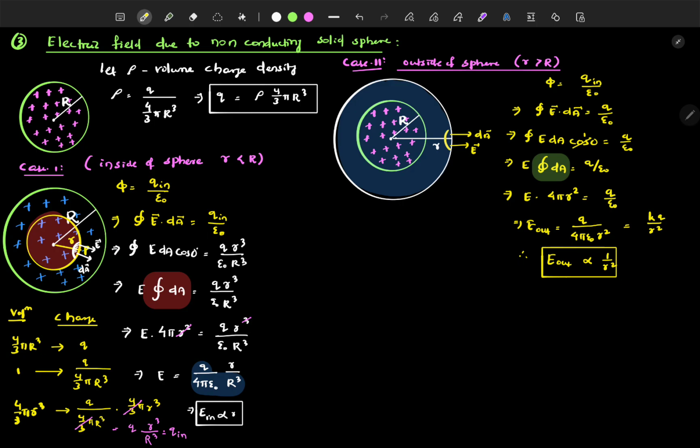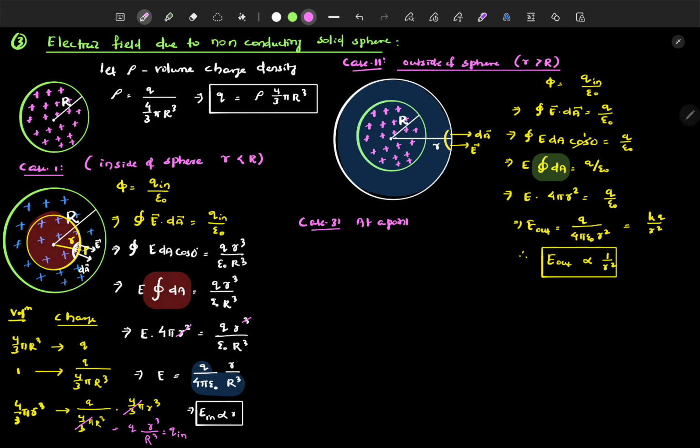Then for case 3, what you have to do is find the field on the surface.